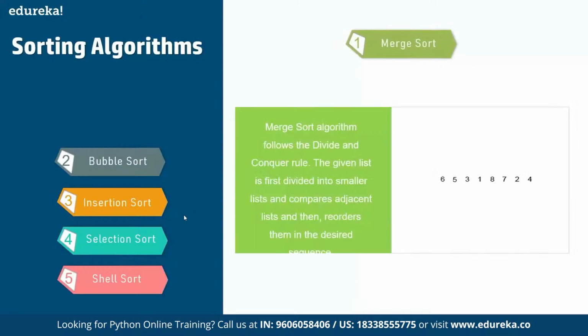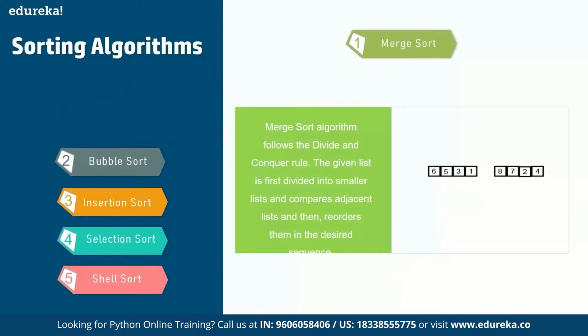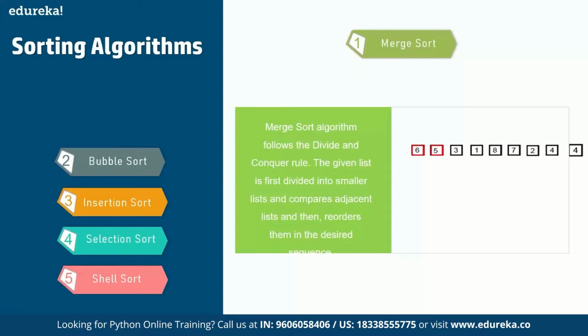So if we talk about the merge sort, the merge sort algorithm follows the divide and conquer rule. Here the given list of items is first divided into smaller units, and then it reaches a point where each list consists of exactly one item.